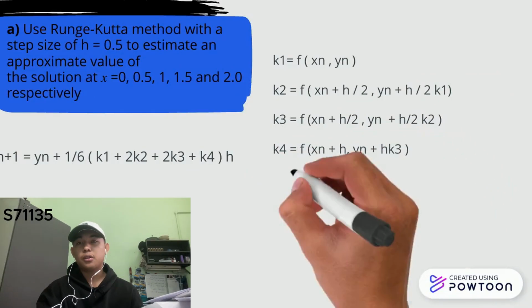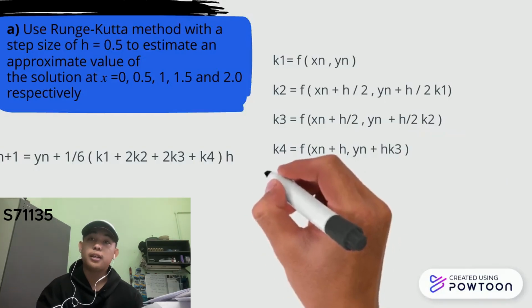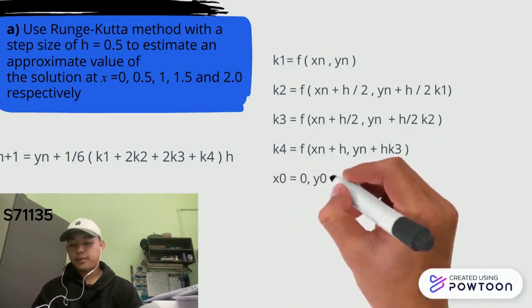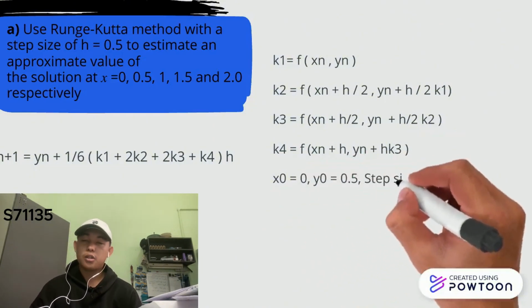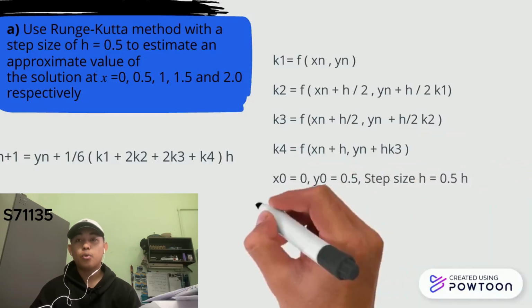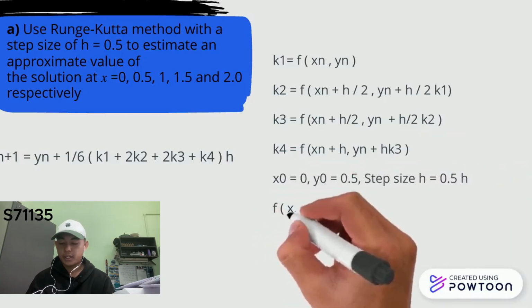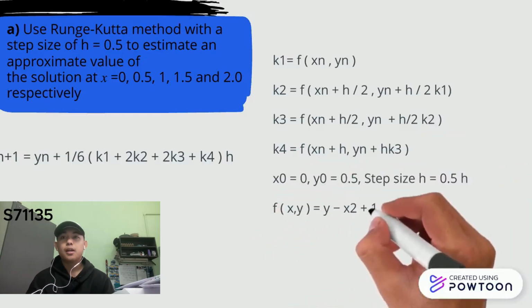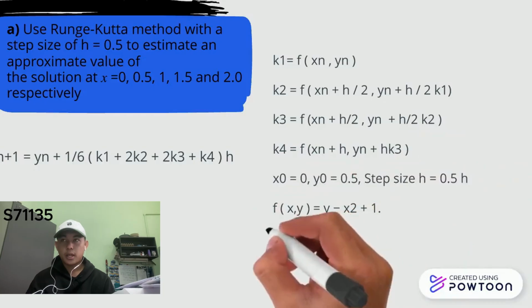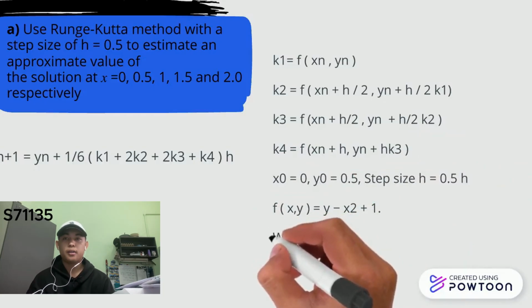Next we will continue to the definitions of k1, k2, k3 and k4. For the first part, we have k1. k1 equals f in brackets x n and y n. Then k2 equals f in brackets x n plus h over 2 and y n plus h over 2 k1.